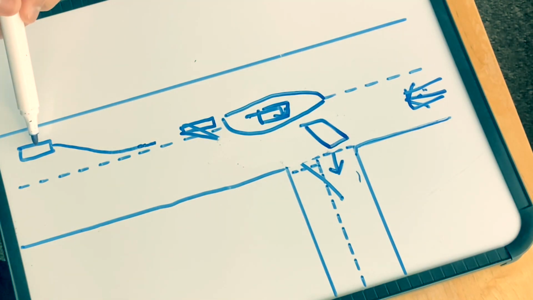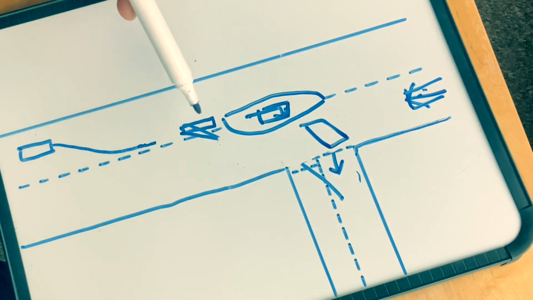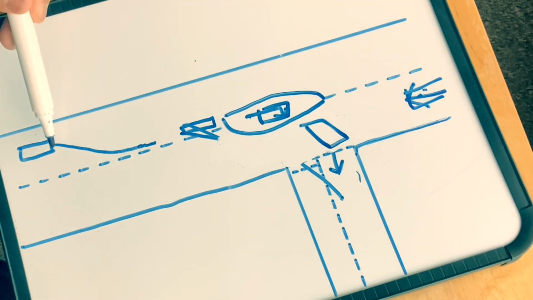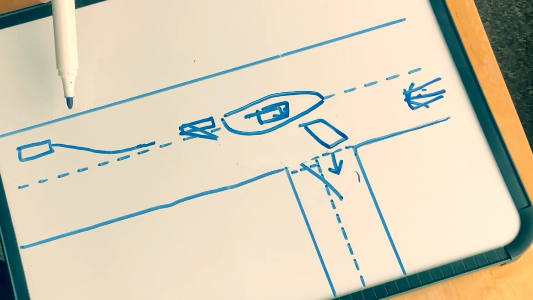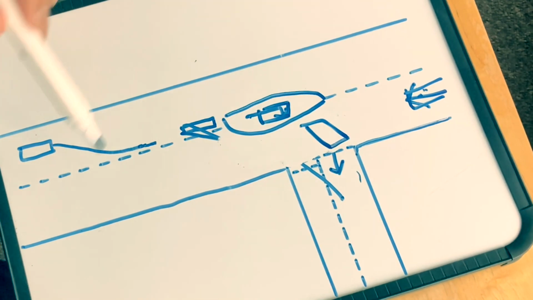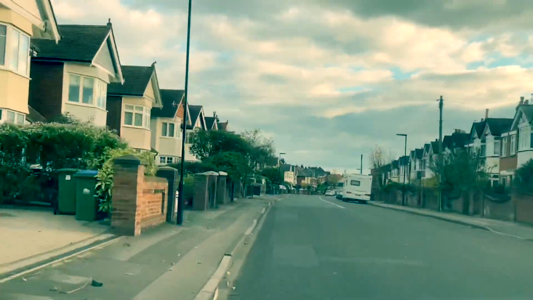Top and right mirror, signal right, position left of center, speed down to 10, maybe 2 cars away, about second gear, and then final look to see if it's safe, and then you go in. So mirrors, signal, position, speed, and look. Learn to put those 5 things into practice and you will never go wrong going right from a major road into a minor road.